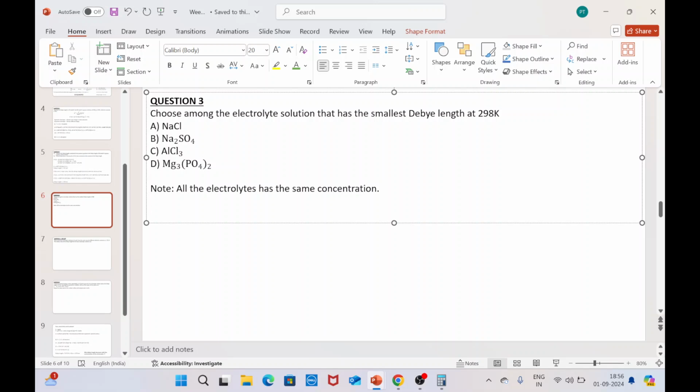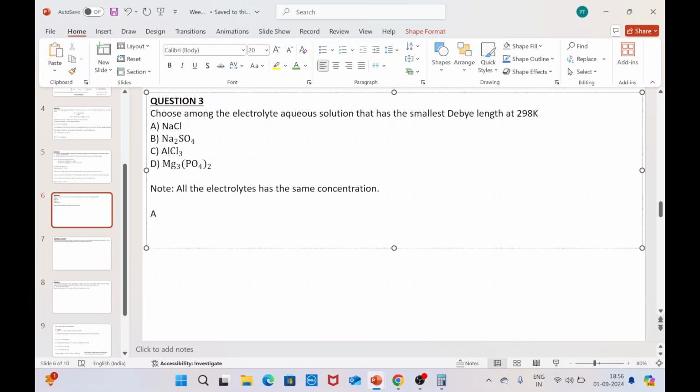Since it is all aqueous solution, let me mention that condition here: aqueous solutions. Here we can keep the first term, e square N A by epsilon naught k T, as constant. So we can just change the second part of the expression, that is z i square times c i, and then calculate.